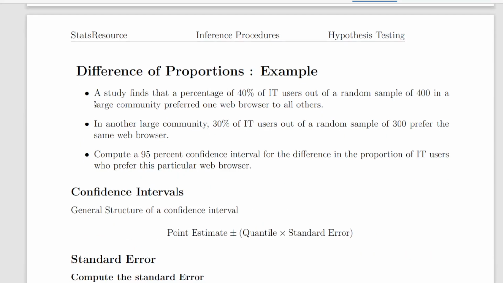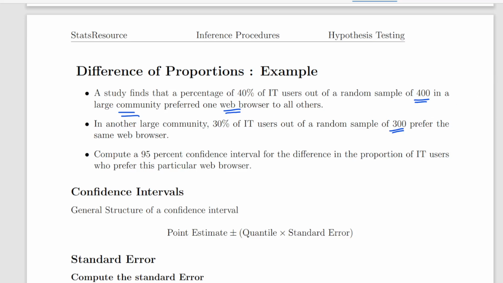So here's an example. Difference of proportions. A study finds that 40% of IT users out of a random sample of 400 in a large community preferred one web browser to all others. In another large community, 30% of IT users out of a random sample of 300 preferred the same web browser.